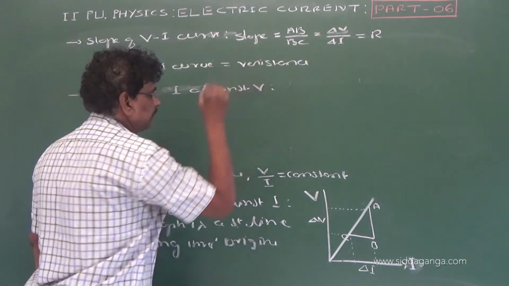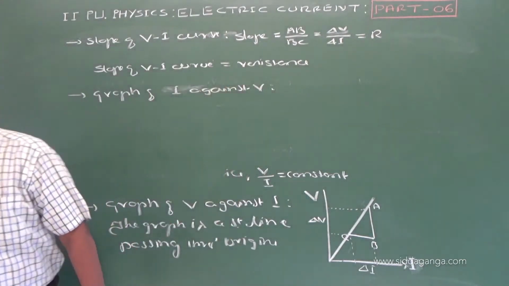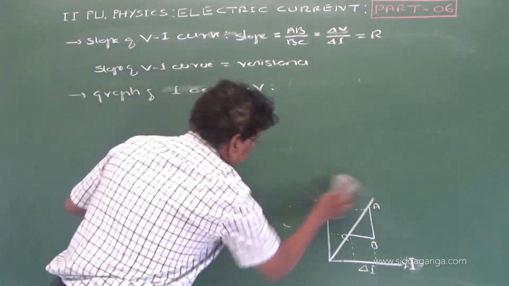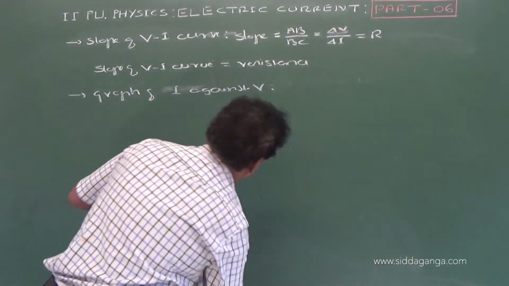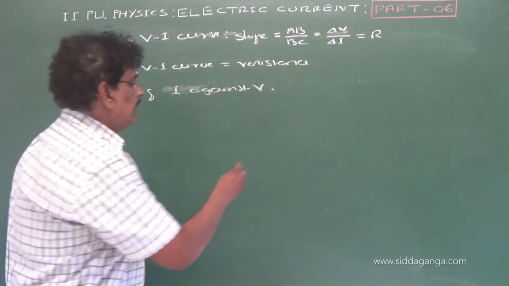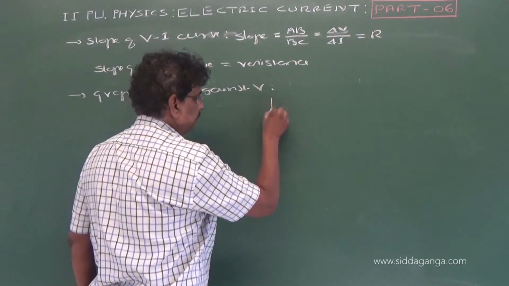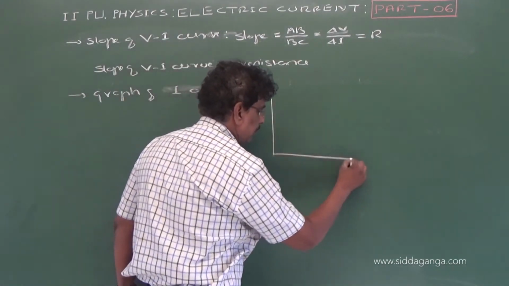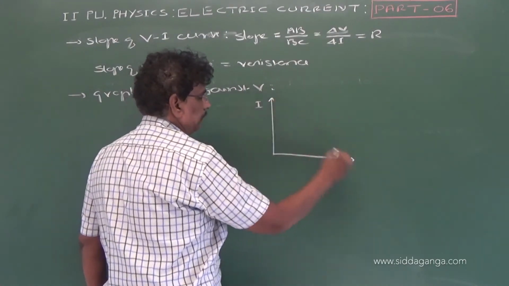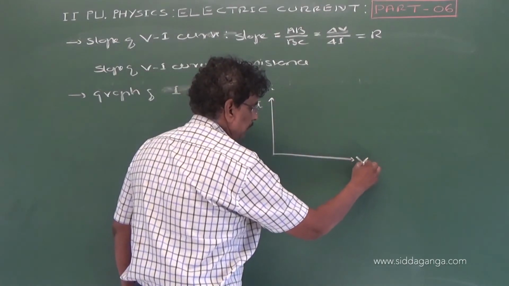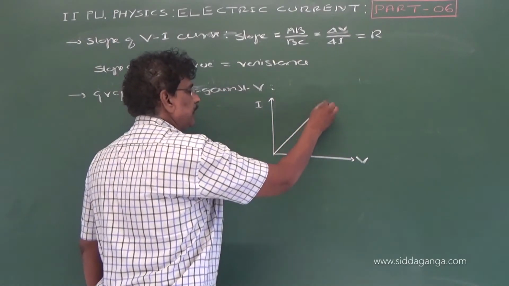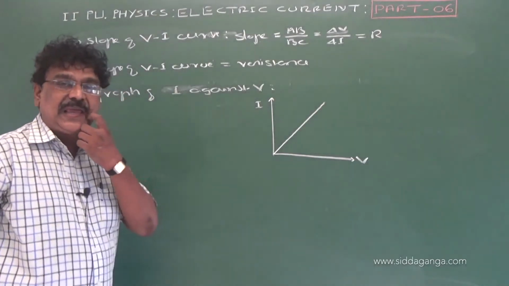When we plot a graph of I against V, again we will obtain a straight line.